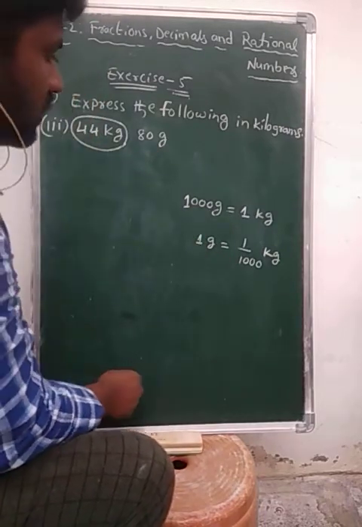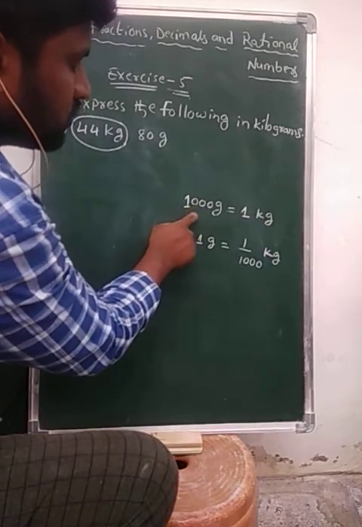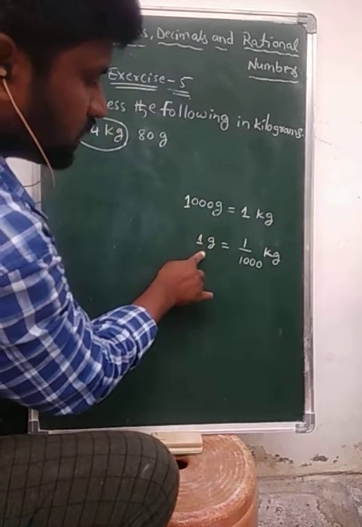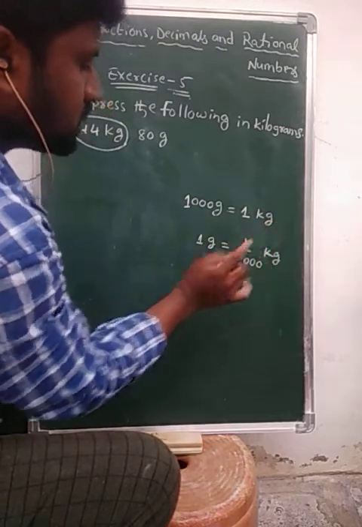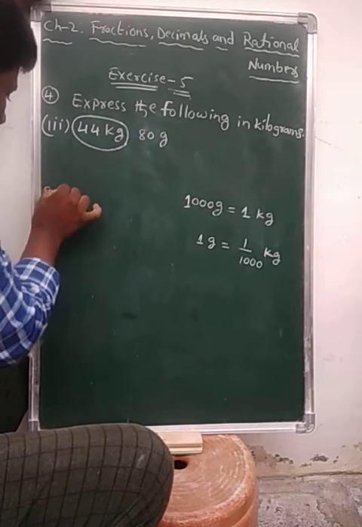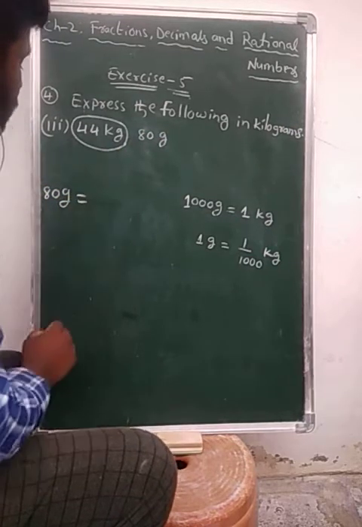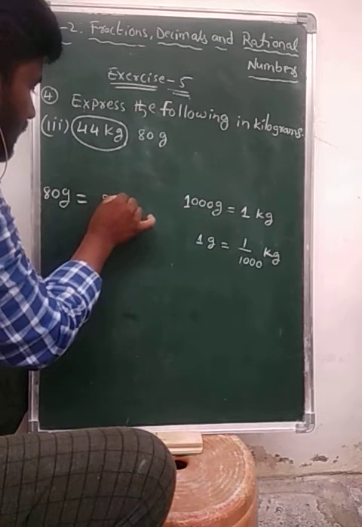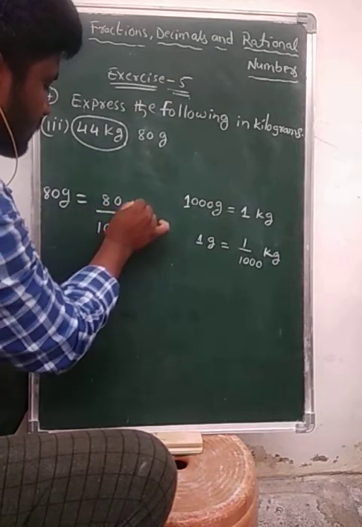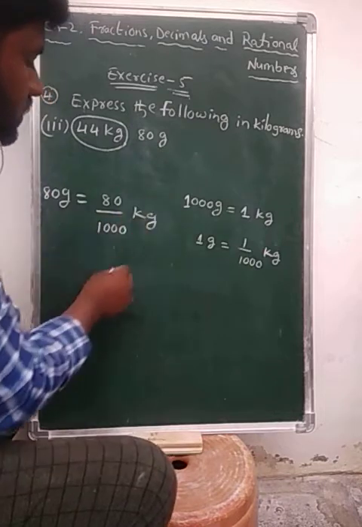As usual, 1000 grams is equal to 1 kg. From this we can write 1 gram is equal to 1 by 1000 kg. So I am taking 80 grams. 80 grams is equal to 80 by 1000 kg.